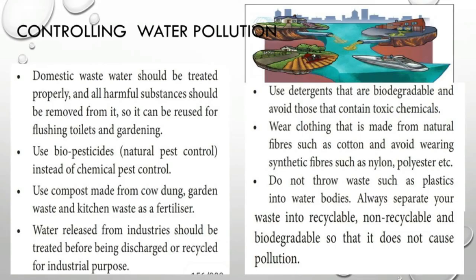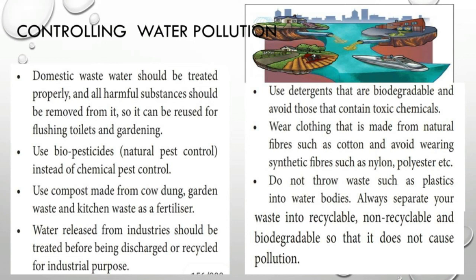Controlling water pollution. Water is precious and it is essential for all living organisms. But today, almost every water body is polluted with waste ranging from plastic to toxic substances. All of us can take immediate steps to save our precious water bodies from pollution.